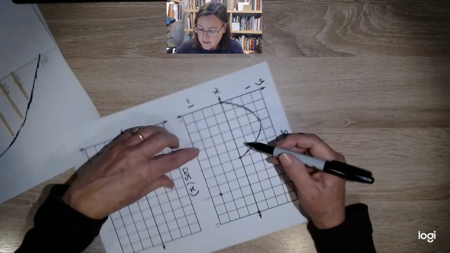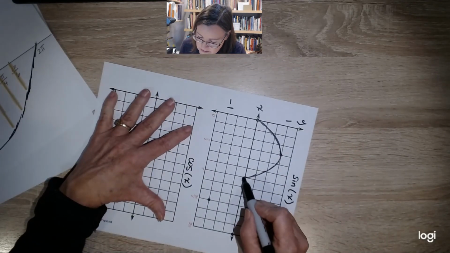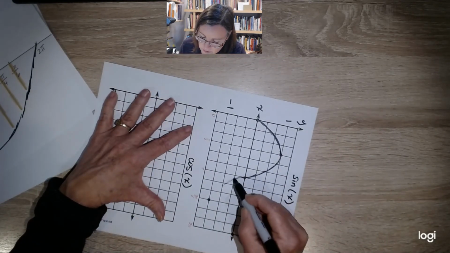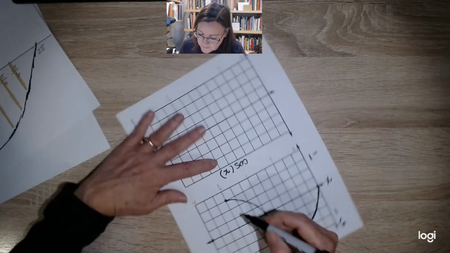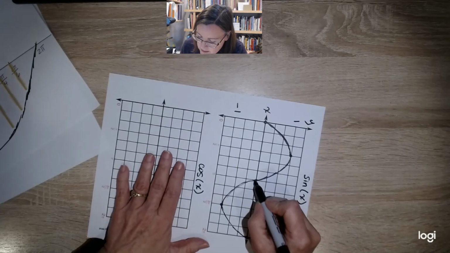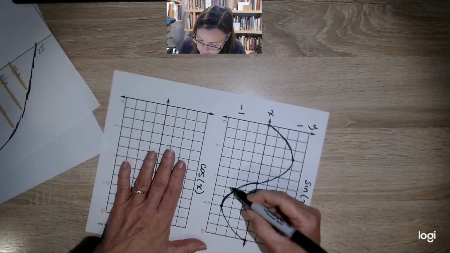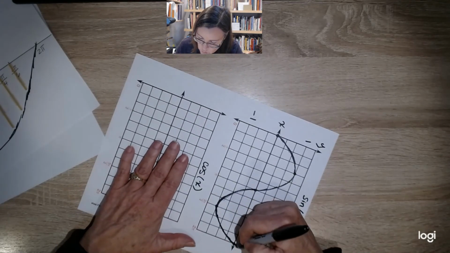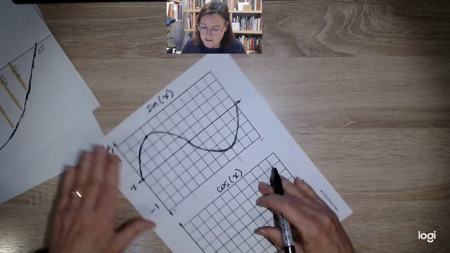Then we're going to do the same thing on this point here. It's going to go along here, and then it's going to curve up. You don't want peaks at your maxes and your mins. You want smooth little curves.